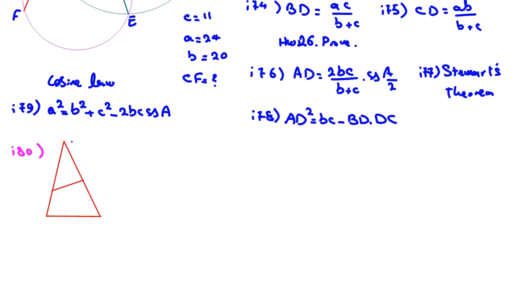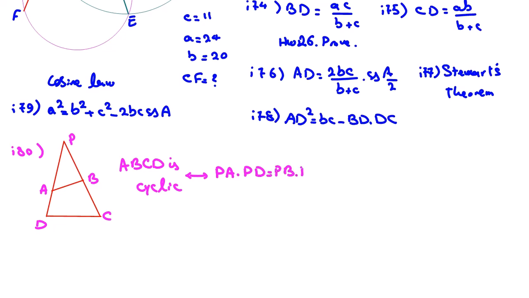This one is P. ABCD is cyclic if and only if PA times PD equals PB times PC.